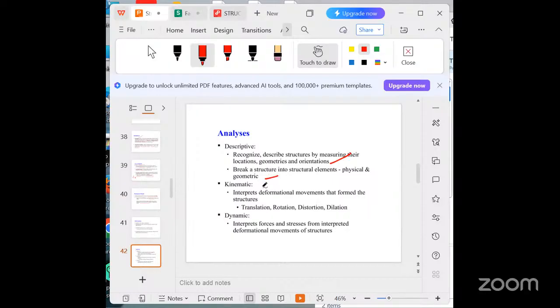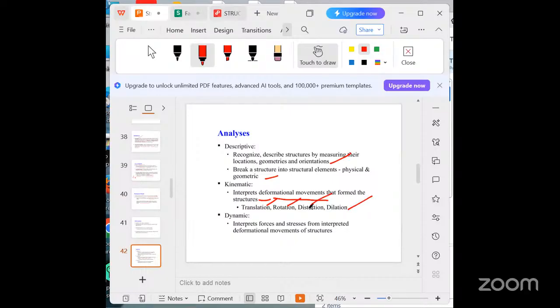And kinematic analysis is to interpret deformational movements that formed the structures. What are these movements? Translation, rotation, distortion, and dilation.